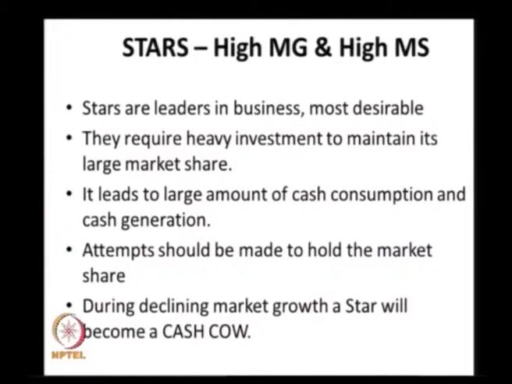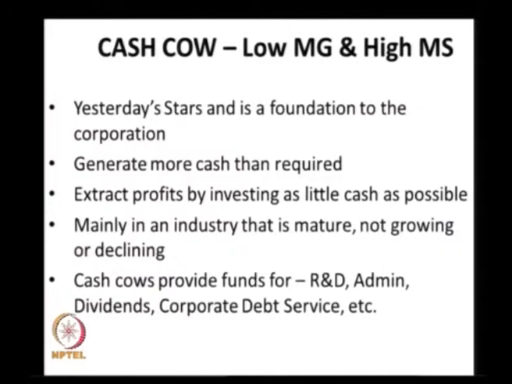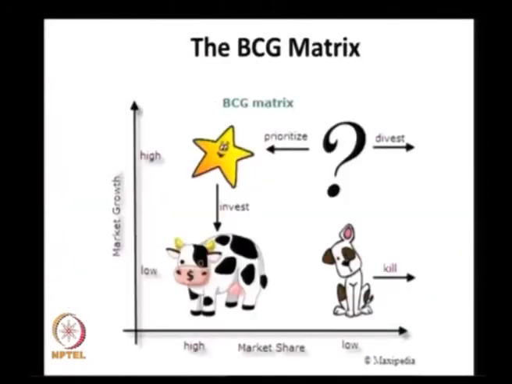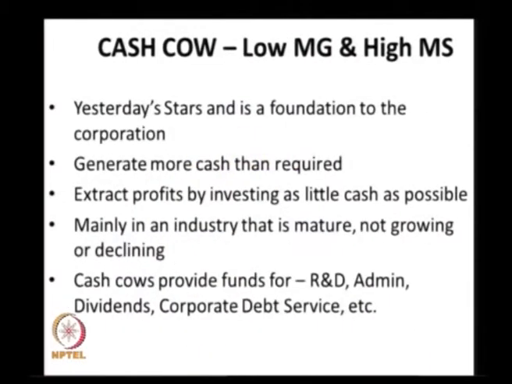And assume that over a period of time the growth in the market declines and market share remains the same. Then comes the next category, which is when stars become cash cows. Cash cows, as you see in this matrix, have low market growth and high market share.